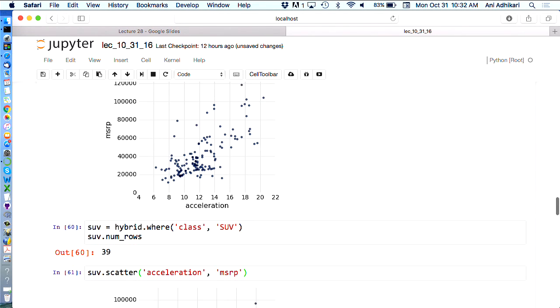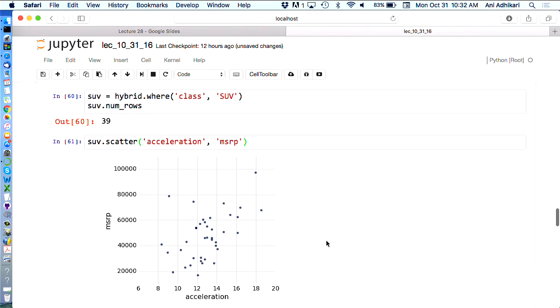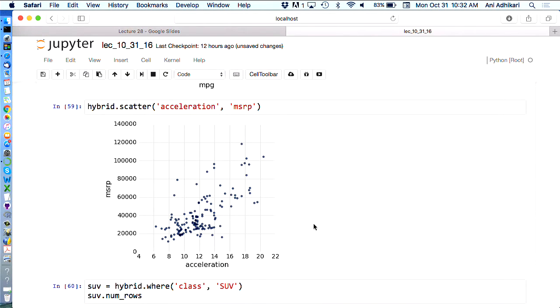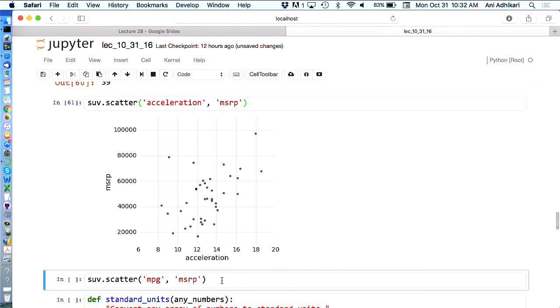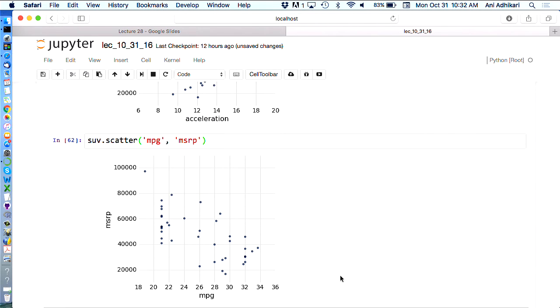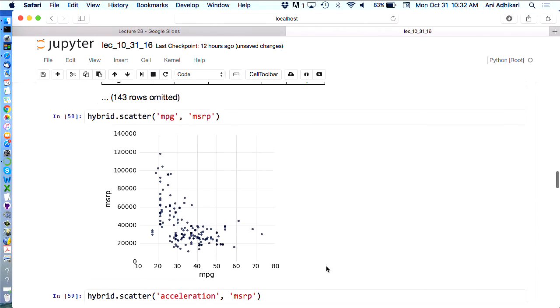And for the 40 SUVs, the acceleration versus price looks like this. For all, it looks like that, not that different. The other one, however, price versus mileage, this is rather linear, whereas if you look at the whole lot combined, that's noticeably nonlinear.